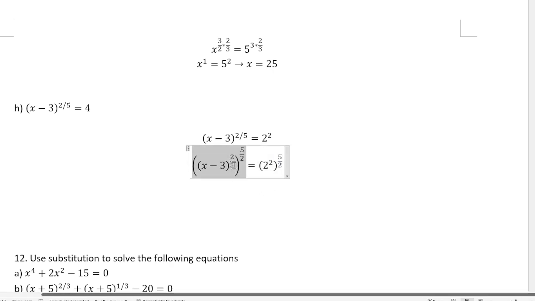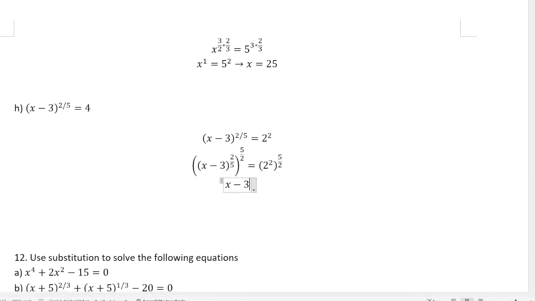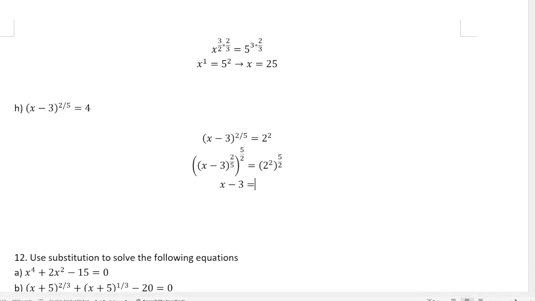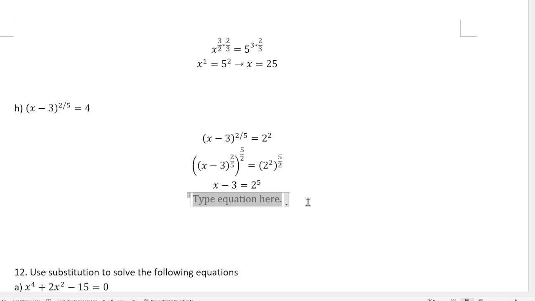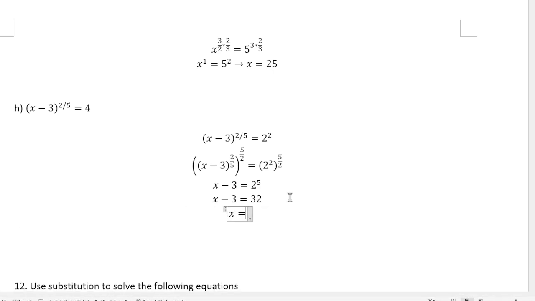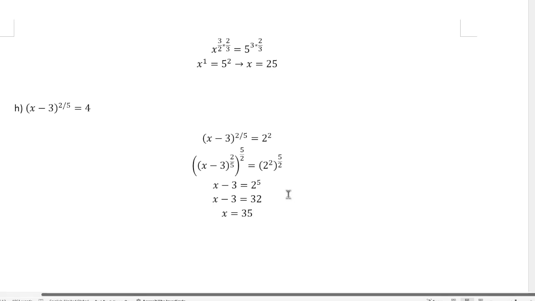And that's going to get rid of this 2 over 5. So 2 over 5 times 5 over 2 will just cancel, leaving you with just x minus 3 on the left side. On the other hand, 2 times 5 over 2 will cancel the 2 in the denominator, and you're going to get 2 to the 5th power on the right side. 2 to the 5th power is 2 times 2 times 2 times 2 times 2, which is 32. And therefore you get x equals 35.